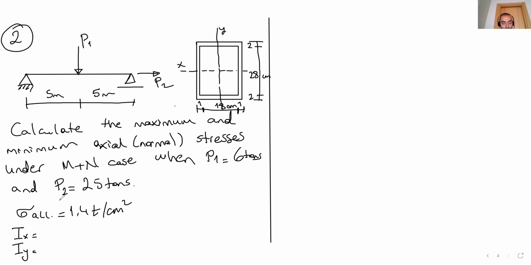Here I'm giving the moment of inertia values in this question. But if you can't calculate the moment of inertia correctly, you can't solve the problem. That's why please make a few examples by yourself. It's regarding the statics course. It's not the subject of our strength of material course.